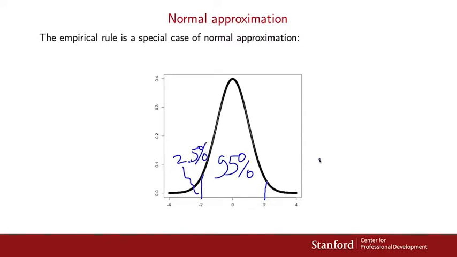So the total area to the left of 2 is 2.5% plus 95%. And that gives us 97.5%. So this rule of thumb is very close to the 97.7% that we got on the previous slide using software.